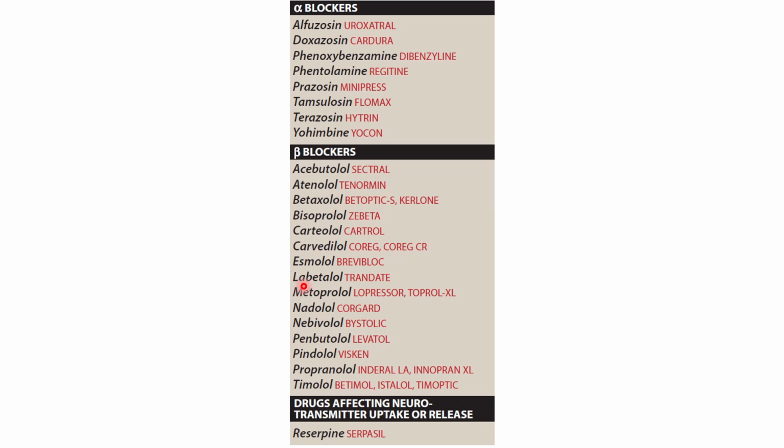An exception is labetalol, which blocks both beta and alpha receptors, alpha 1 specifically. But it mostly blocks all beta receptors plus the alpha 1 receptor. And then there are indirect acting drugs, such as reserpine, that decreases reuptake and release of norepinephrine.